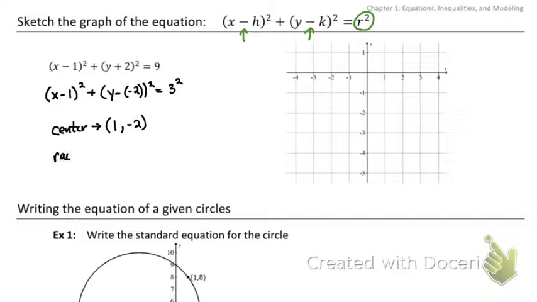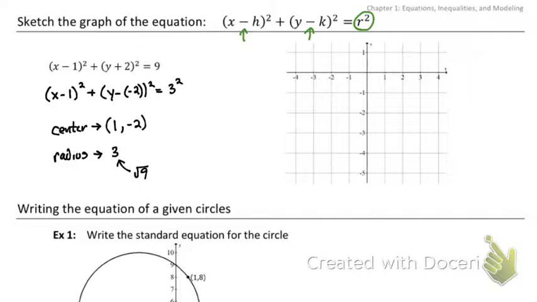Our radius is going to be, and like I said, we can pick out from that second one that it's just 3, but more often than not, we just realize it comes from the square root of 9. So most of the time when I ask for the radius, just take the square root of that number, and that's going to be the radius, just in case it's not a nice, clear 3. Maybe it's like square root of 2 or something. So these are important facts, our radius and our center.